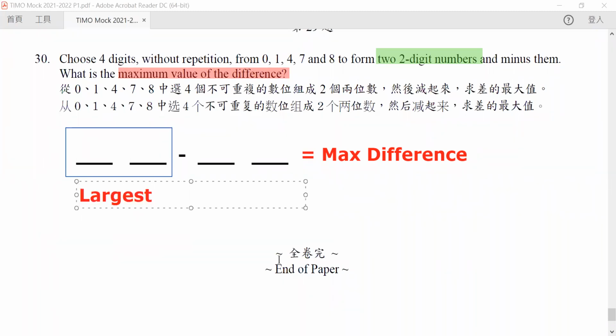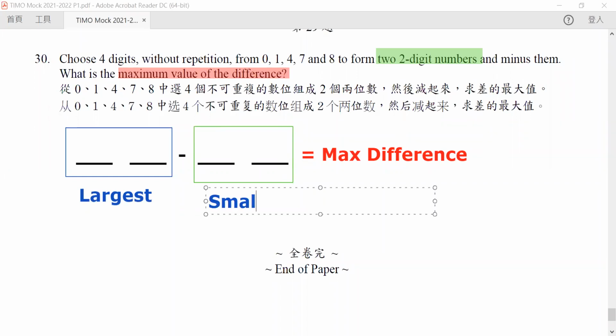Okay, the number on our leftmost must be the largest, and the number on our right must be the smallest, right? So what is the largest number and the smallest number using these 5 digits?